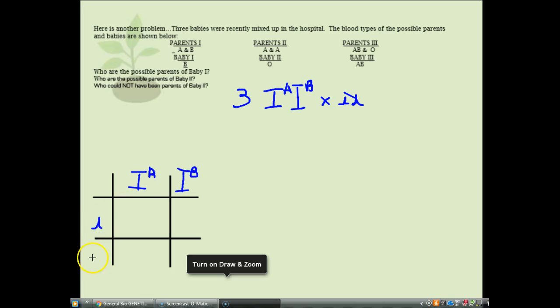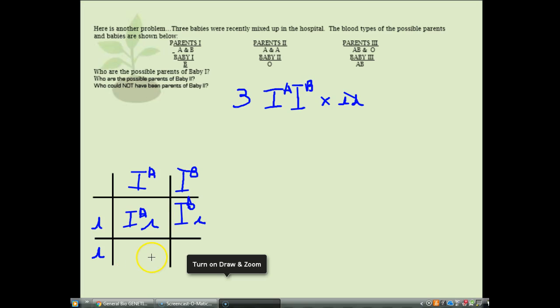When we bring these together, the only blood types they could have would be A type blood with the carrier of O, and B type blood with the carrier of O. It would be the same combination.